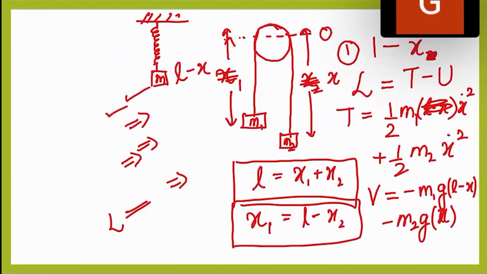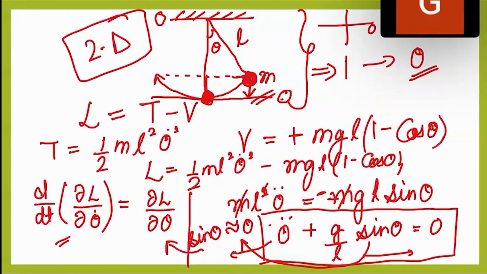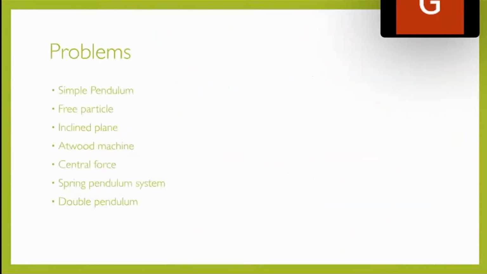We know what the L is for a simple pendulum. We know the equation of motion for a simple pendulum. Now, your classwork is to find this equation of motion using Hamilton's equations of motion. This equation of motion was obtained using the Euler-Lagrange equation.